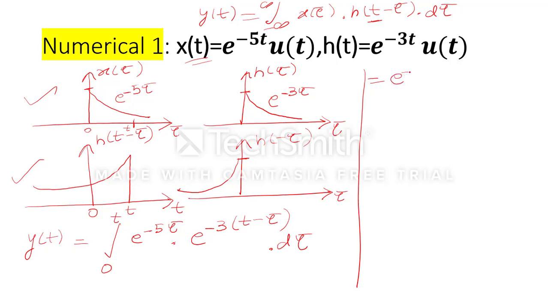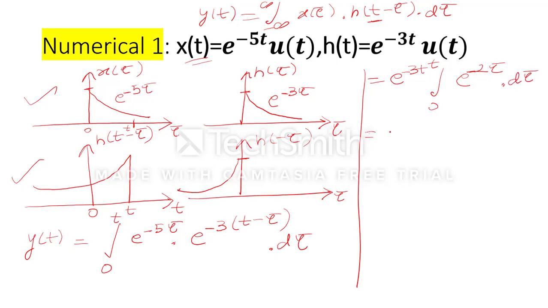So it will be e^(-3t), and the limit will be 0 to t, and when we take it out, it will be e^(-2 tau) d tau.